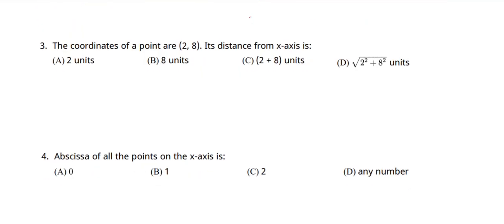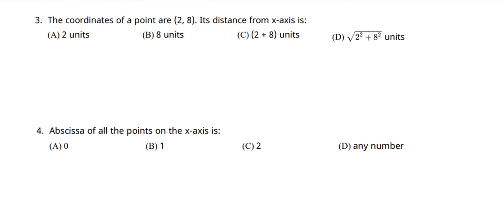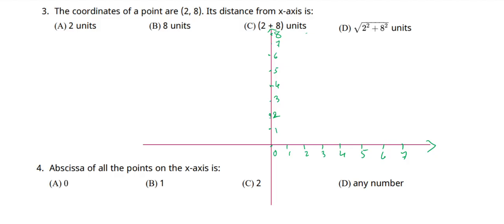Next question: the coordinates of a point are (2, 8). Its distance from the x-axis is dash. Here you can see the coordinate plane, and (2, 8) can be marked with x equal to 2 and y equal to 8.